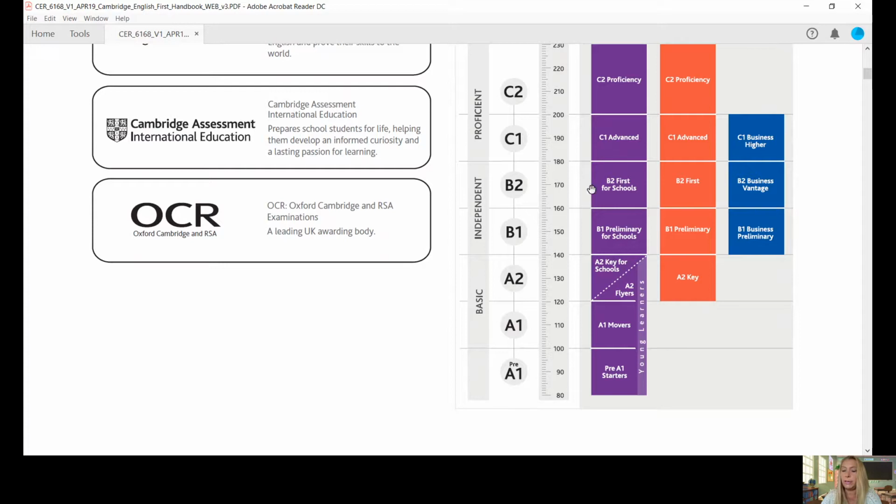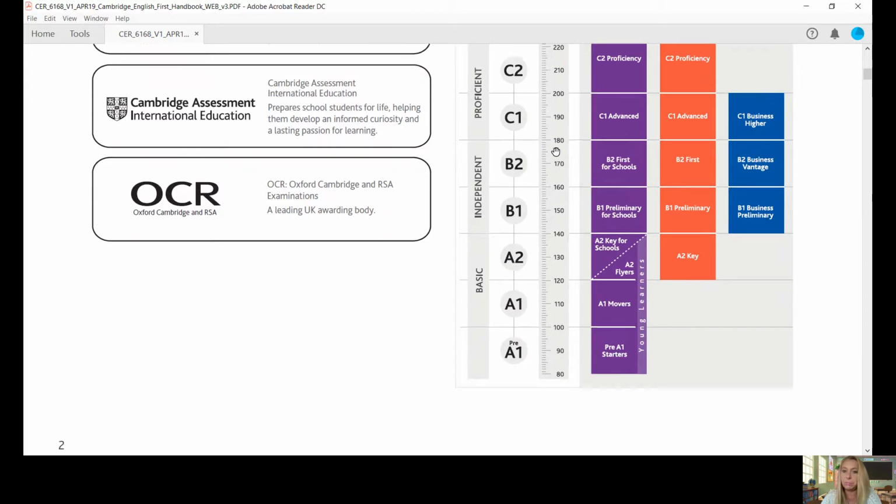And here you have the certificates that correspond to each scoring. So, for example, we want to do our B2 First, or First for Schools. So we need a score between 160 and 180. Yes, if we score very high, we can even achieve a C1.